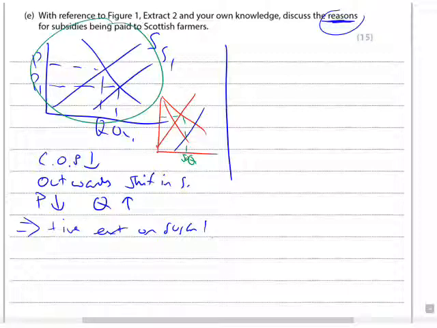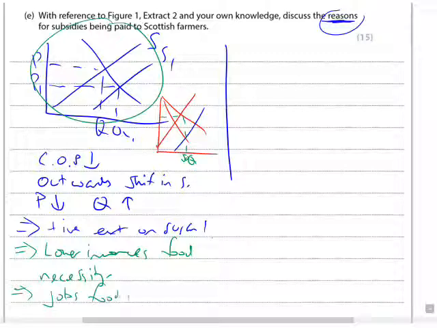You could have also talked about that it allows wider benefits for those on lower incomes to gain access to food, which is a necessity. You could also talk about it in terms of protecting jobs within the food industry.